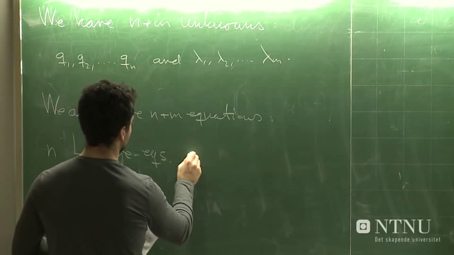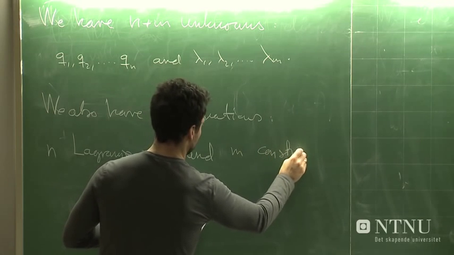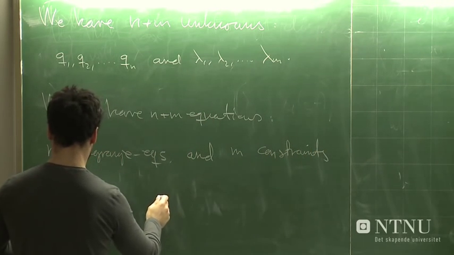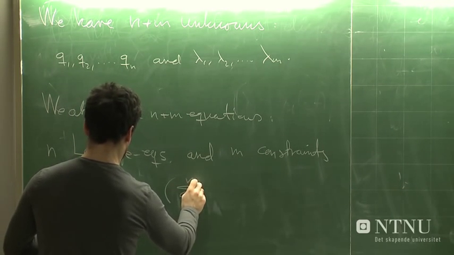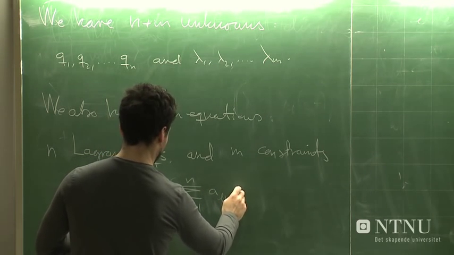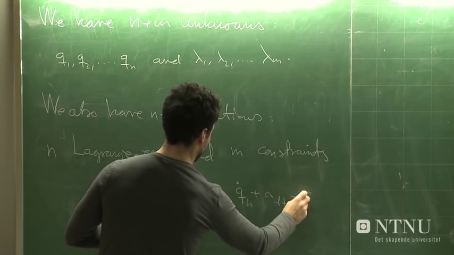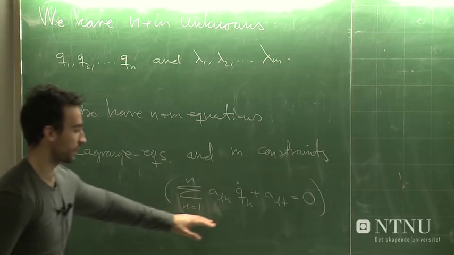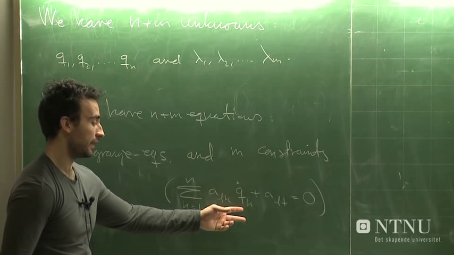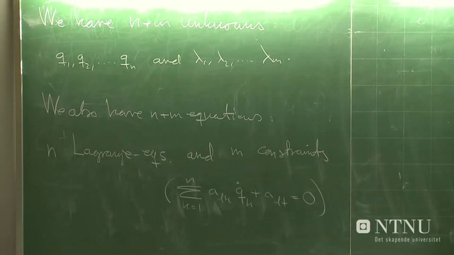In addition, we have m number of constraints, which I've now written like this to make it explicit that we have a dependence on q dot and not q, which makes it non-holonomic. So we have n plus m unknowns, n plus m equations. We should be able to solve the system.